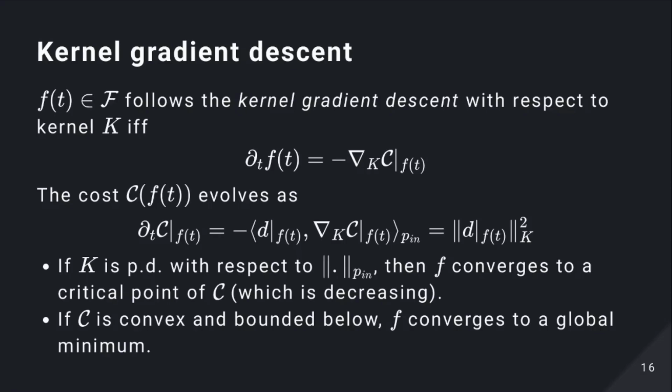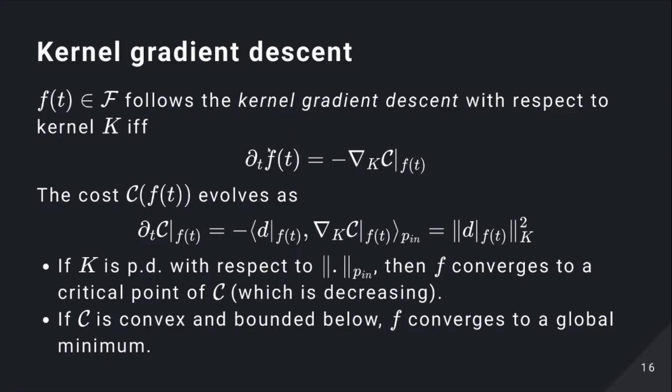So you can say that the gradient descent algorithm is just an approximation of the ODE, and using the ODE makes things a bit simpler in the analysis. So we'll say that we have this differential equation within function space, where the partial derivative in t of f is simply minus the kernel gradient of the cost.